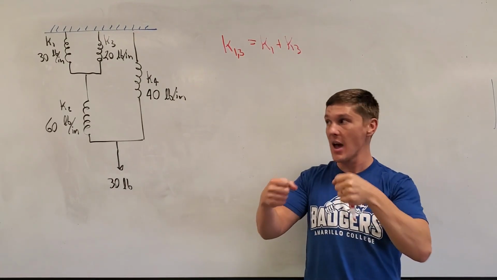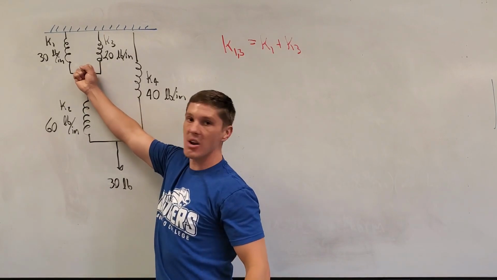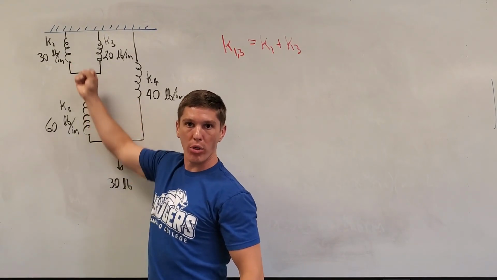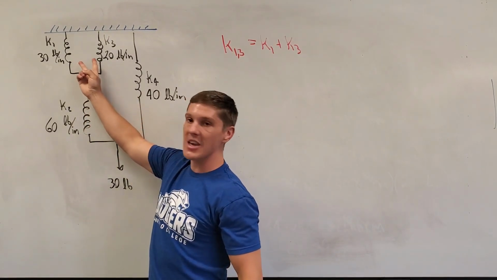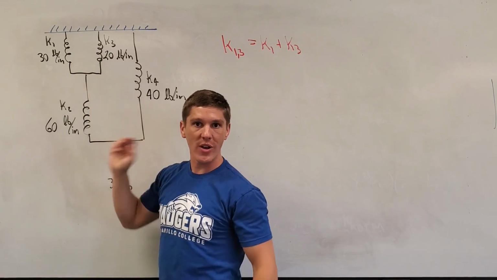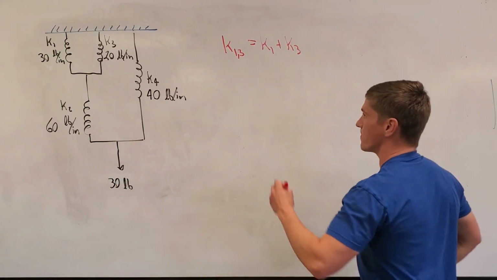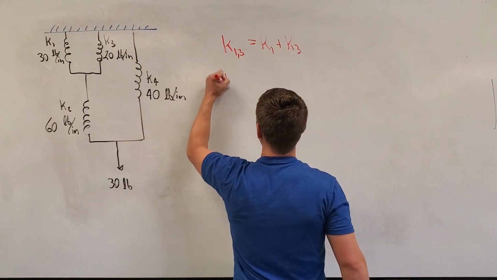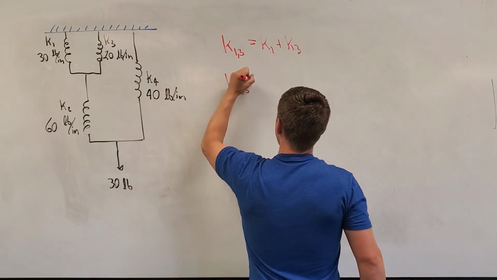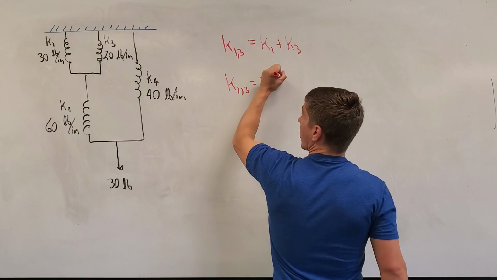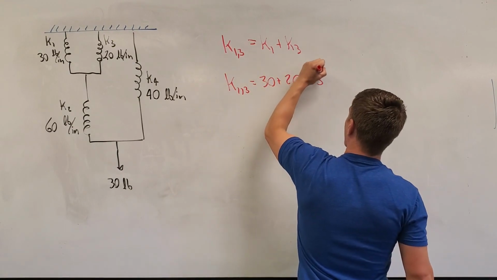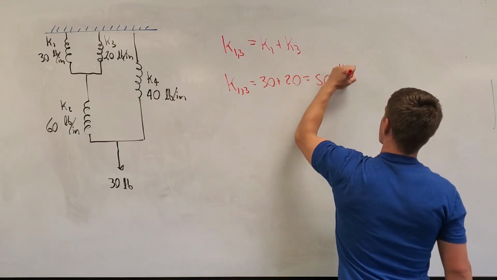If I was to pull down right here, I would have to stretch both the springs together. That'll make the equivalent spring stiffer than either one of those springs. So we have that K13 is equal to 30 plus 20, which is equal to 50 pounds per inch.